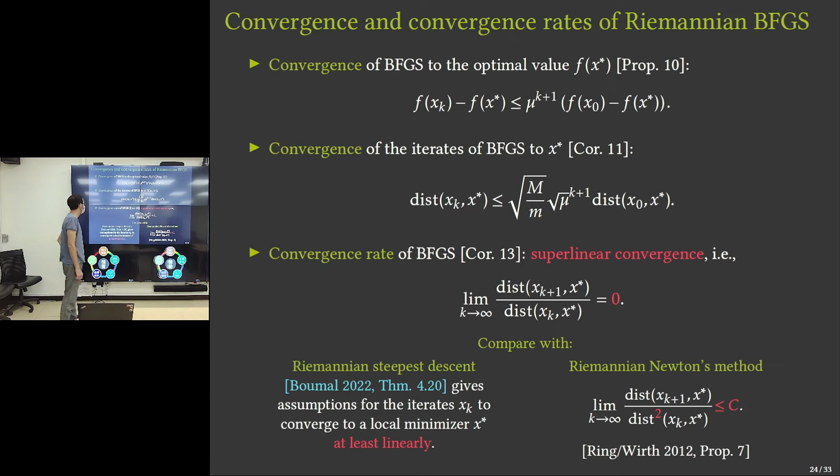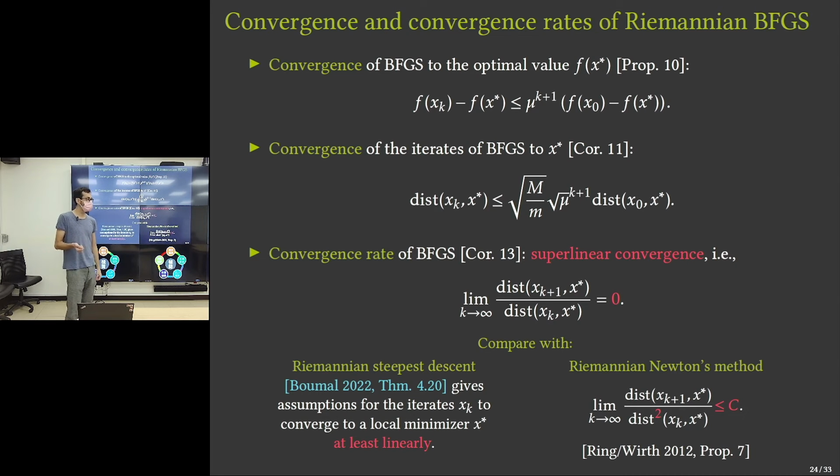The convergence rate of BFGS is a very desirable property, because in BFGS, as I said, we use only first order information, only information about the gradient, but the way it is built allows us to achieve superlinear convergence. This is the definition of superlinear convergence. So it converges more than linearly.